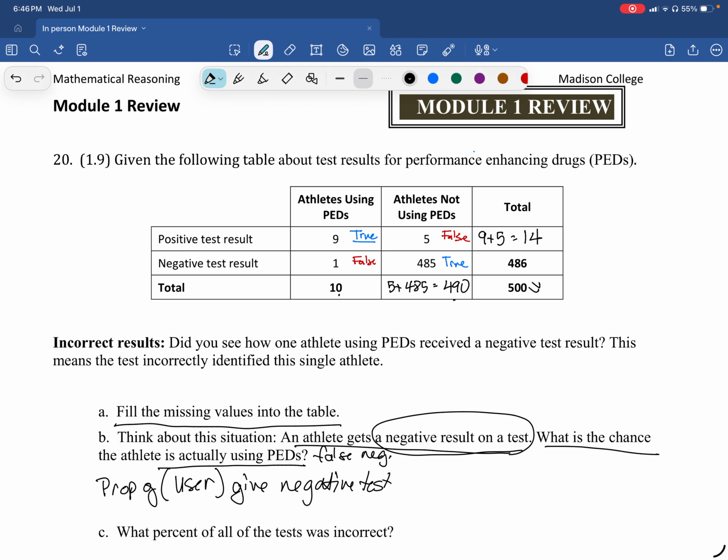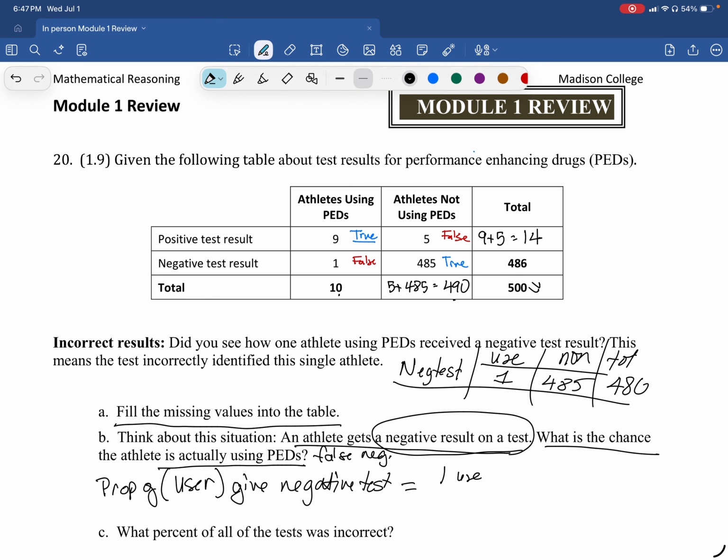So then we only want the negative test results. We have user, non-user, and then total. So we have a total of 486, and users is 1 to 485. So the fact that they're a user given a negative test, that's going to be 1 user out of 486 negative tests.